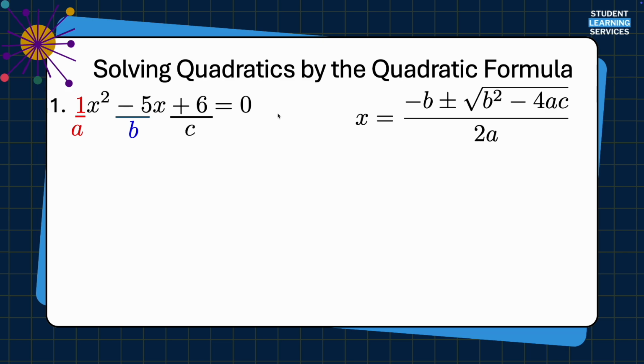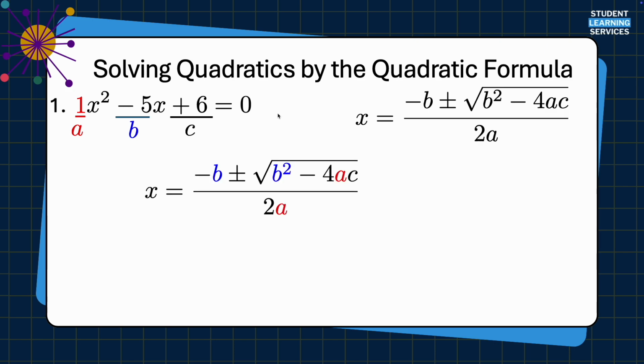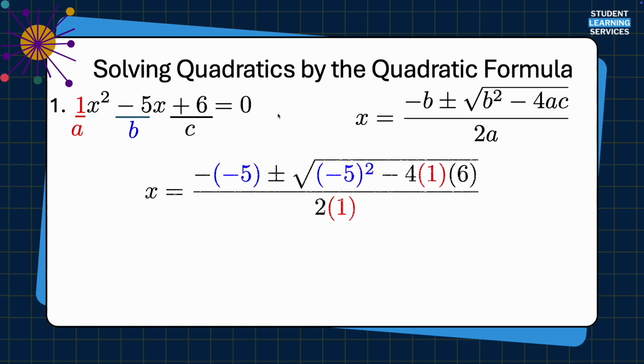Now, we can plug in those values into our quadratic formula. So, plugging in the correct values would give us x is equal to negative (negative 5) plus or minus the square root of (negative 5) squared minus 4 times 1 times 6 all over 2 times 1.